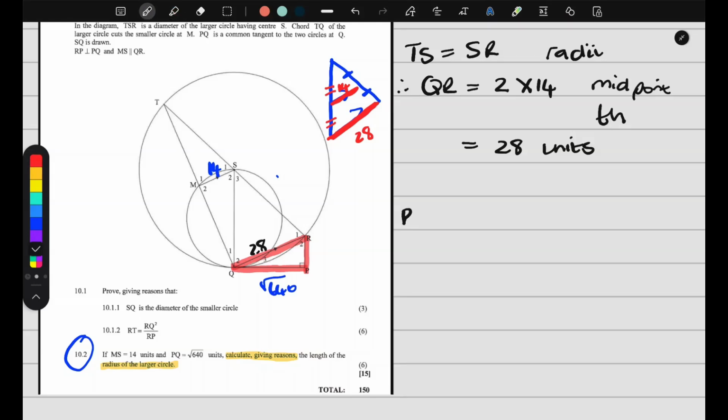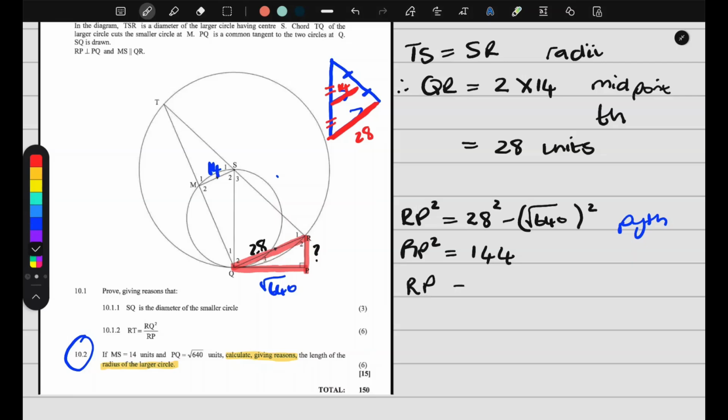I'm going to say RP squared is equal to, so I'm working out this side, is equal to the hypotenuse squared minus the other side squared. And that reason over there is Pythag. If you work out RP squared, you get 144.